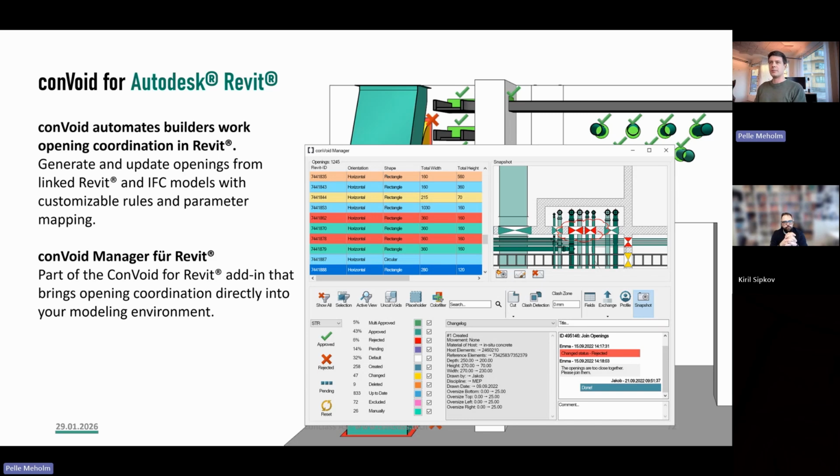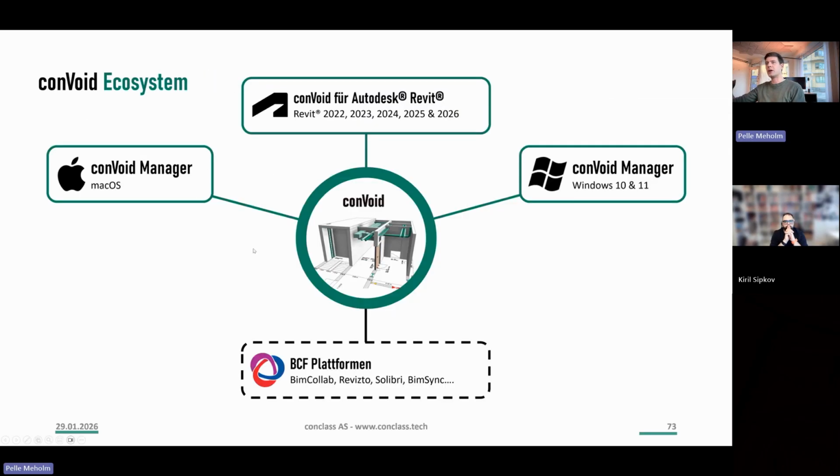That's basically the application or plugin we provided since last year, but now we have extended our ecosystem with the Convoid Manager. We already had the possibility to exchange the results with other platforms via BCF or IFC, but we saw that for some users, Revit was too complex or hard to handle.